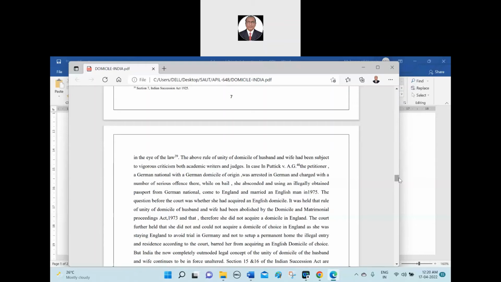Is it clear? The illegal entry and residence, according to the court, barred her from acquiring the English domicile of choice. Now she cannot acquire it, because it would be a disguised form of acquiring the domicile.